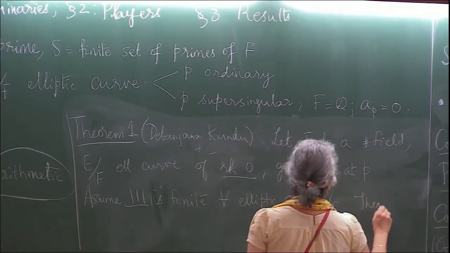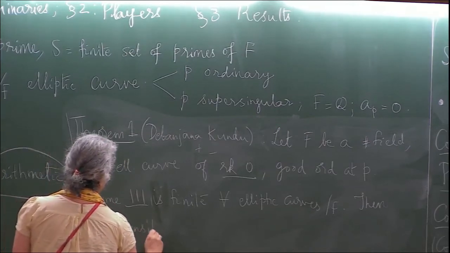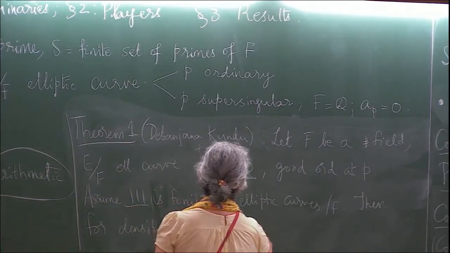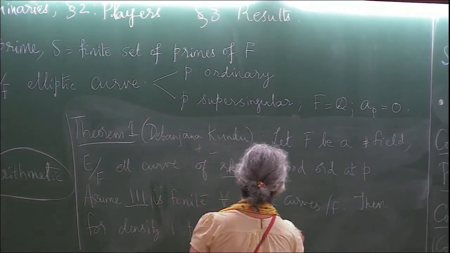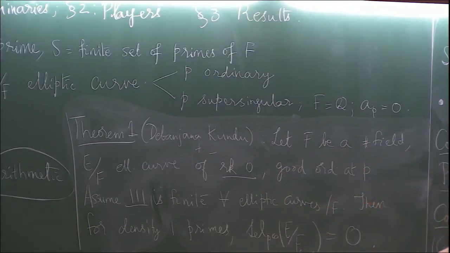Then for density 1 primes, we can show this very strong condition that the Selmer group over the cyclotomic extension is actually 0. So a very strong form of conjecture A holds. So the fine Selmer is 0, the Selmer is also 0.